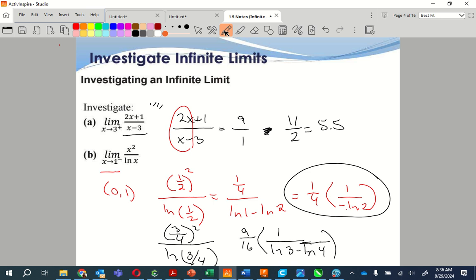So it's going to be smaller, and this is like a 16th or something like that. And this is 9 times 1, even if it is about the same, the 16th. So either way, as I get closer to my 1, it should be going down more, a bigger negative. So I'm trying to imagine what that's going to be.